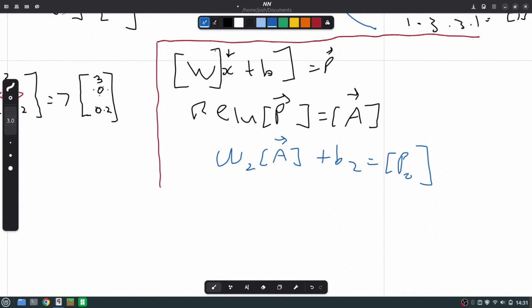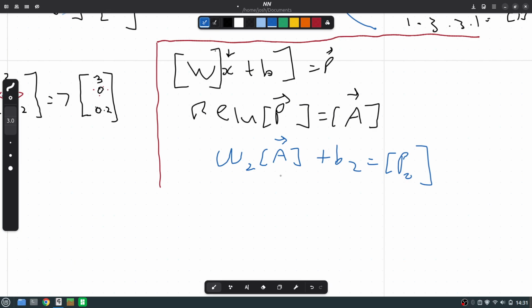Now I want you to notice something very subtle. Notice this W2 is different from this W up here. This means that every hidden layer inside of your network has its own weights. And notice the B is also different. So every layer has its own weights and its own biases. That's a very important distinction to note.